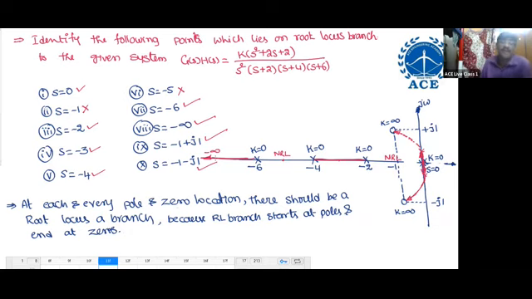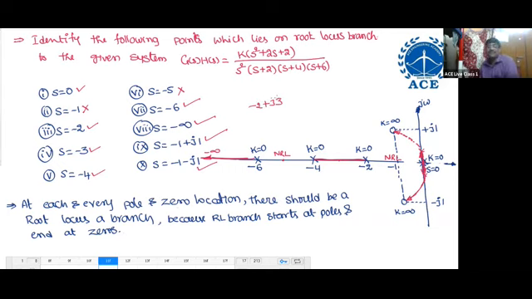When do you have to apply the angle condition? If you are not able to find it with this third rule, using the real axis root locus branch, then you have to apply the angle condition. For example, if you are given a point minus 2 plus j3, can you find whether it lies on the root locus or not?